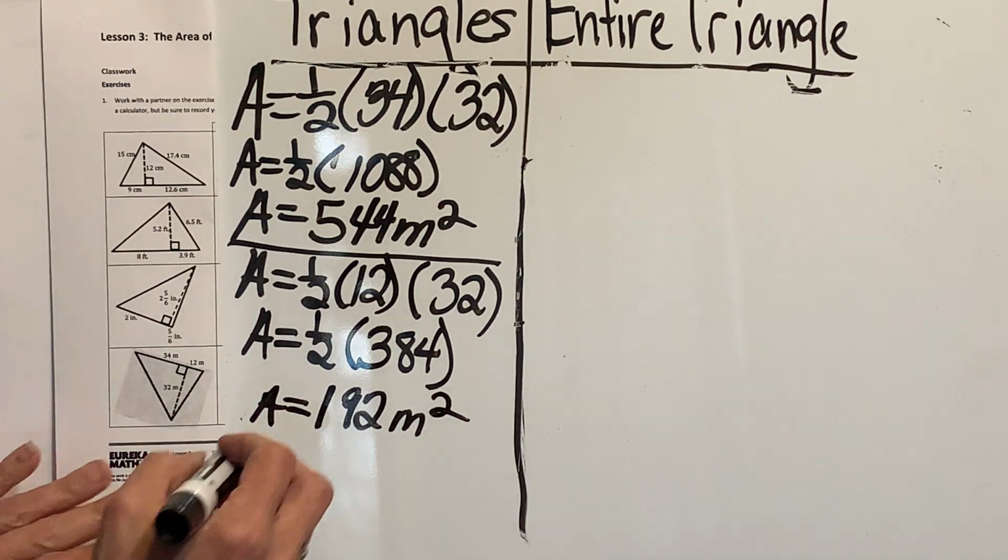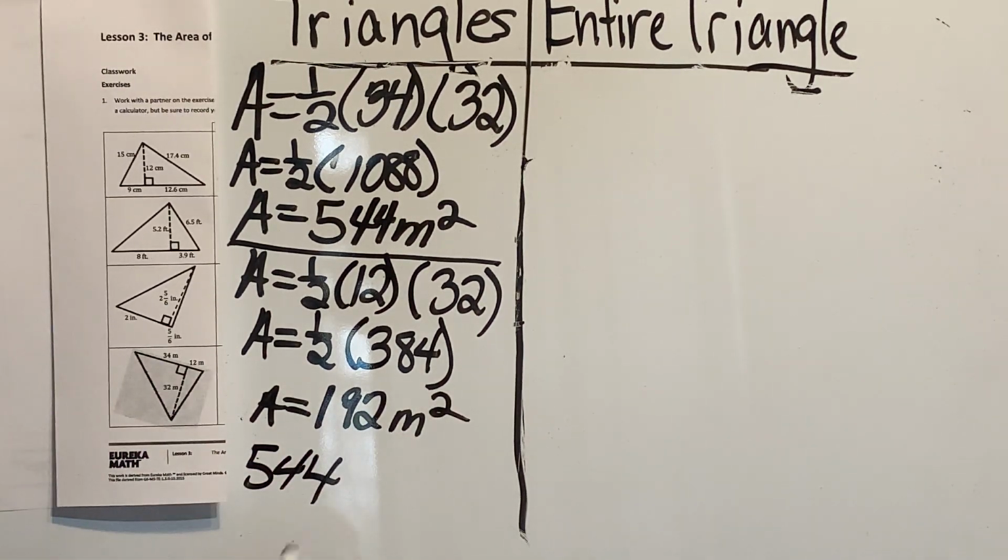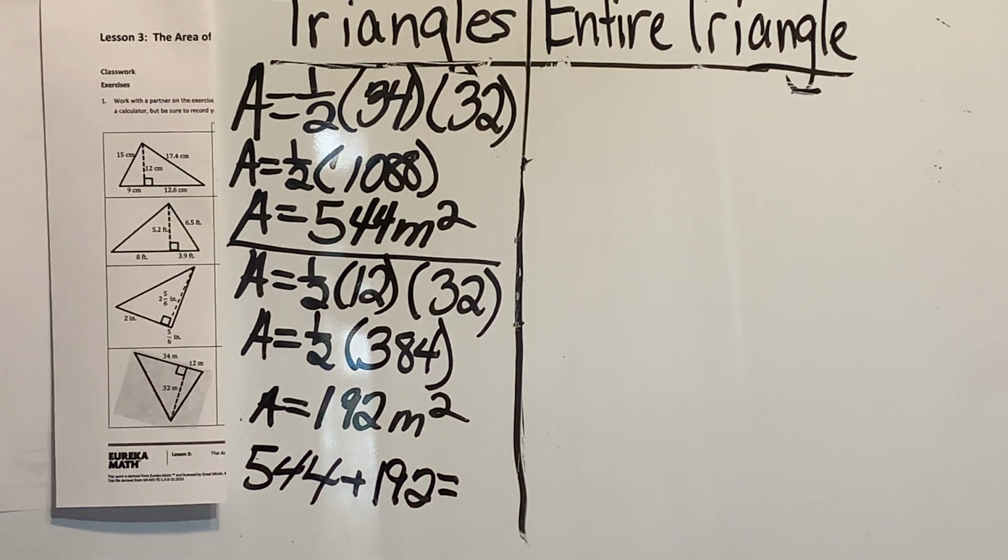Now I have to take 544, because these are just the areas of the individual triangles, and add that to 192, and I get a grand total of 736 meters squared.